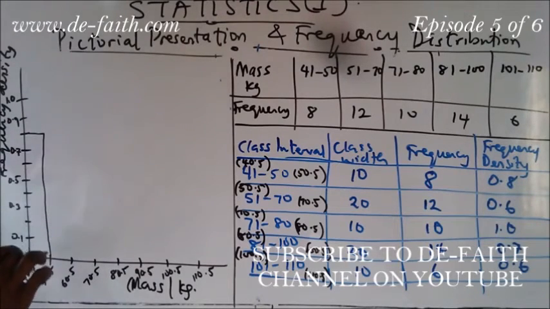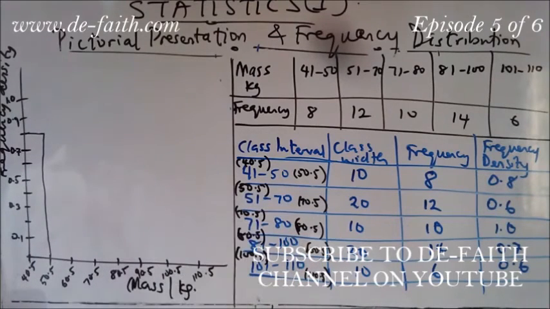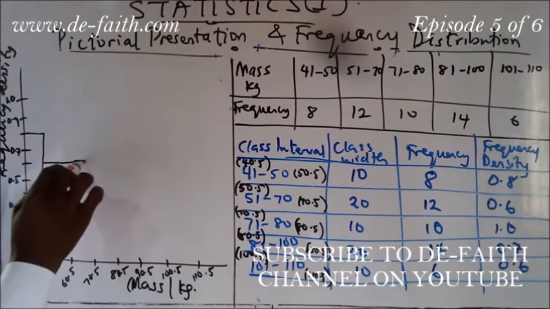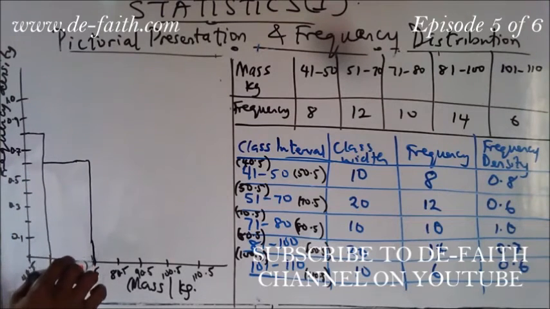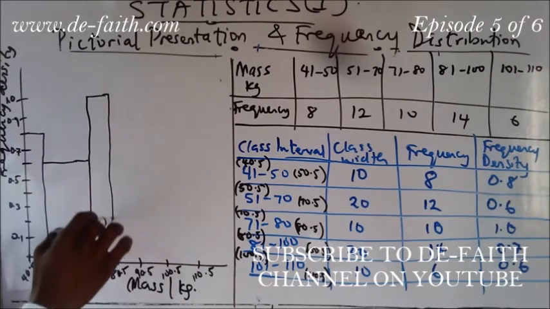We'll draw it down. Next, we have 50.5 to 70.5, that's 0.6, and so here is 0.5, here is 0.6, so we'll draw it here, and then we'll trace it down. Next, 70.5 to 80.5, that is 1.0, and so we trace that up, then it goes down.